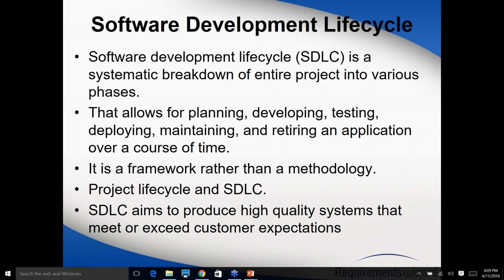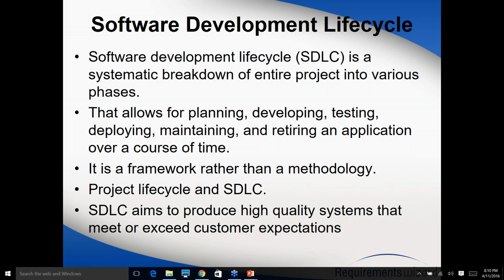So when we are talking about this system or application, there is a method in which it is being built. It goes through different phases, right from day one till the day you deploy the system. There are different phases through which this system will be passing through. And that's exactly what we need to understand in this concept of SDLC, System Development Lifecycle.